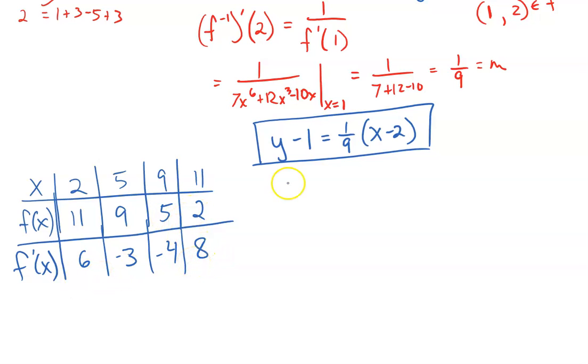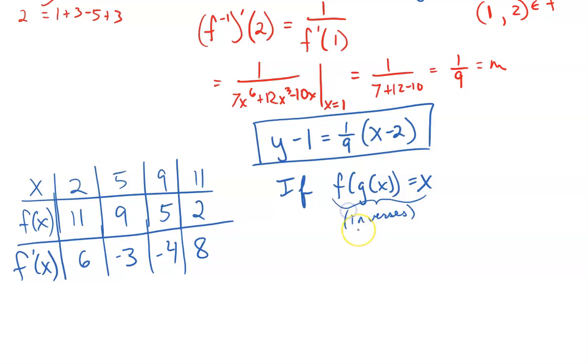So if f of g of x is equal to x, which right off the bat you should be asking yourself, what information is that telling me? That means that they are inverses.